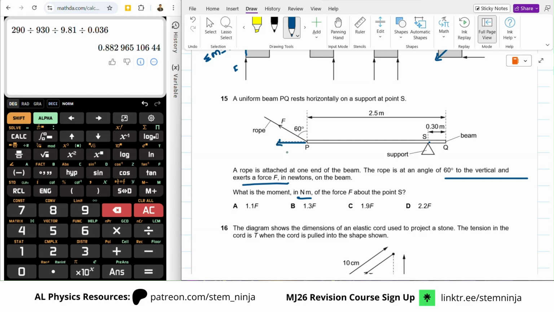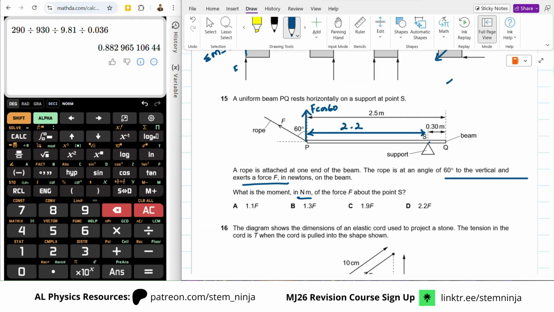However, the component perpendicular to the line of action would cause a moment. This component is F cos of 60, and the perpendicular distance between the line of action of force and the pivot is 2.5 minus 0.3, basically 2.2.